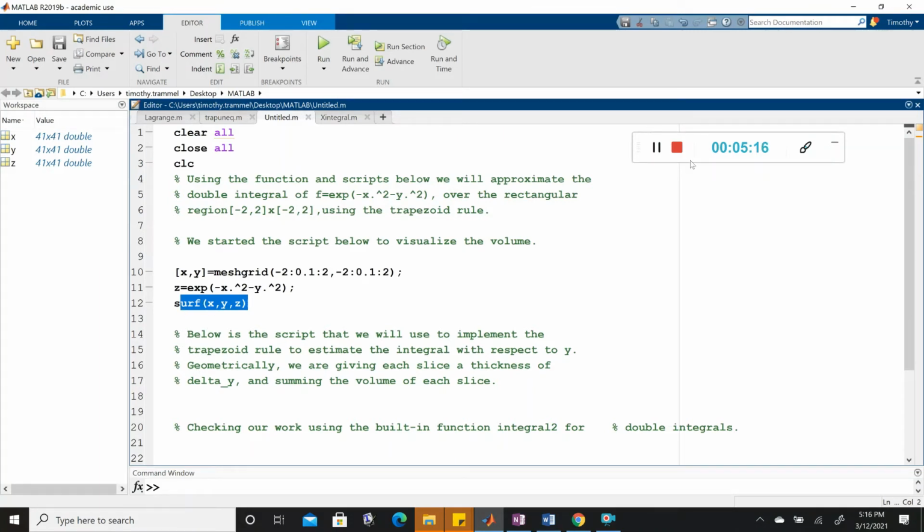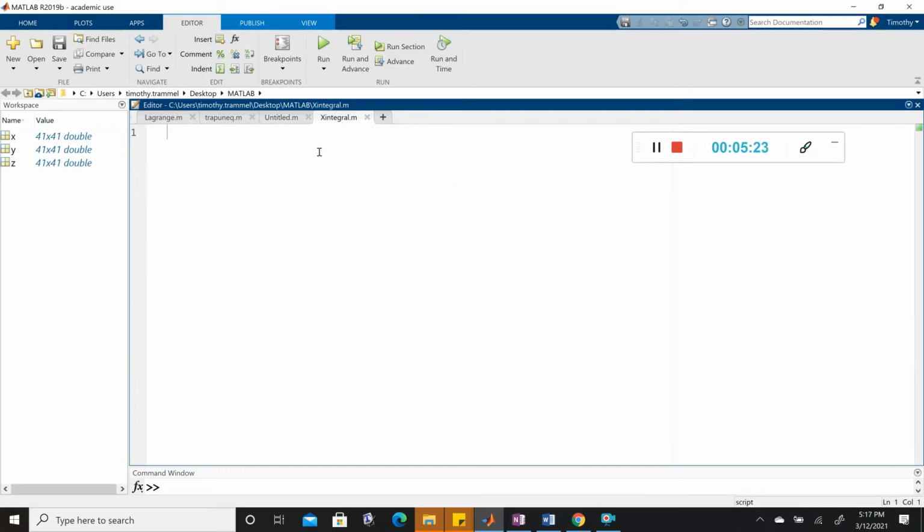But let's go ahead and start setting up a function that does something specific for us, and we'll come back to the script. Okay. I want us to set up a function that will calculate those integrals for fixed y's like we were talking. So I'm going to say function, the output I'm going to put in here is int_wrt_x.